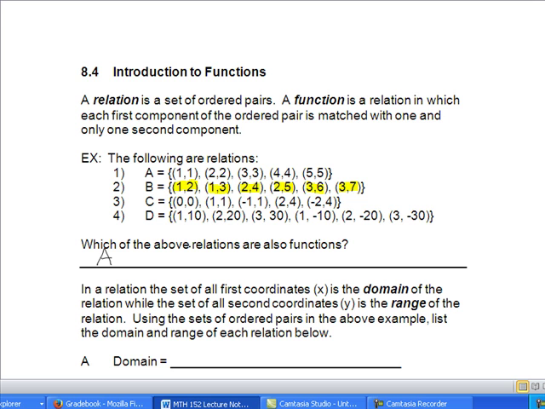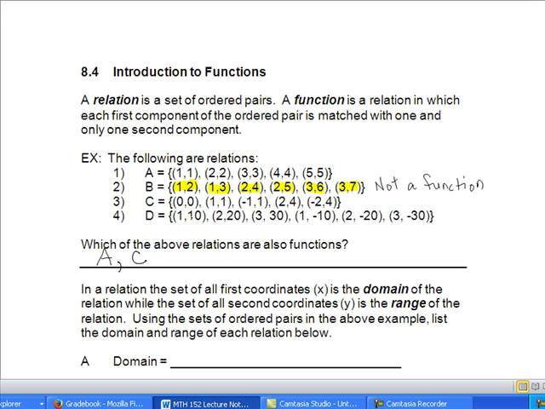Okay. C, alright, as I look across, I say 0, 1, -1, 2, and -2. So each one is different, so we don't have to worry about that one. As we look at D, we see 1 is matched with 10 and -10. 2 is matched with 20 and -20. 3 is matched with 30 and -30.